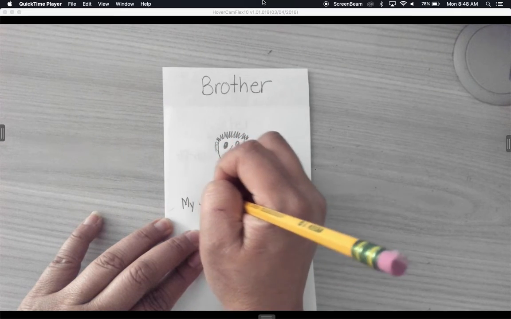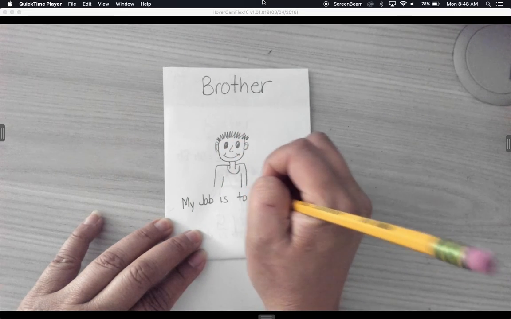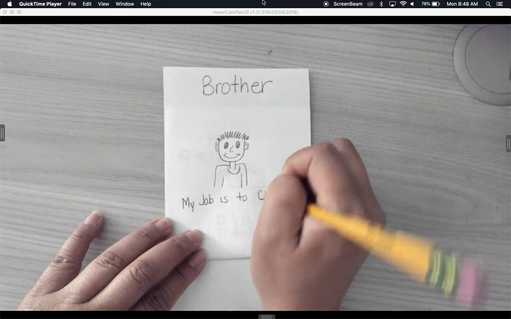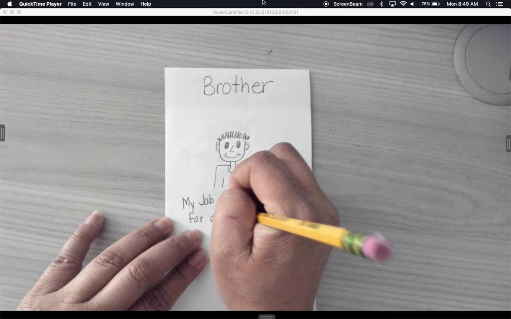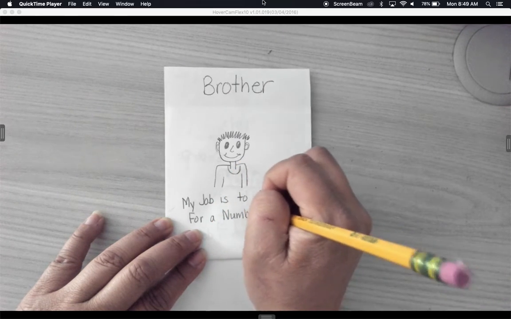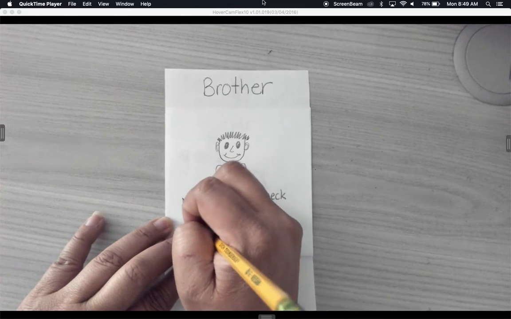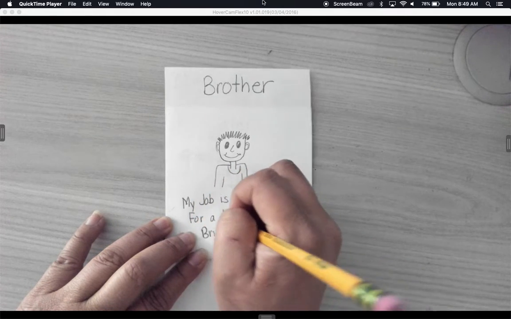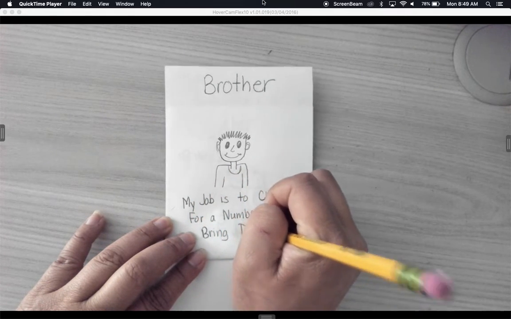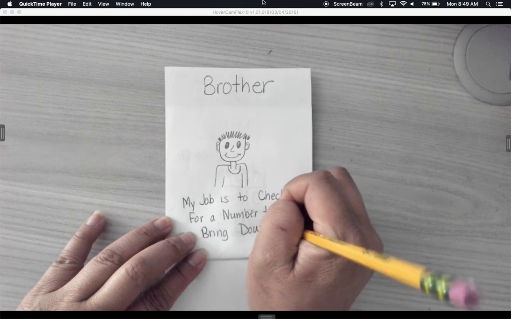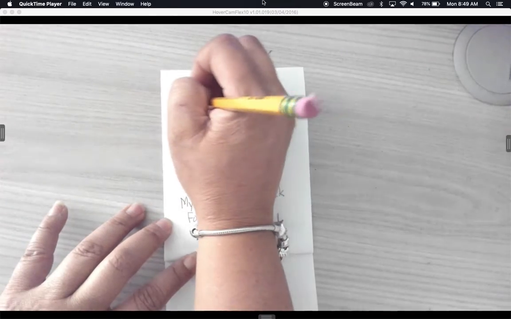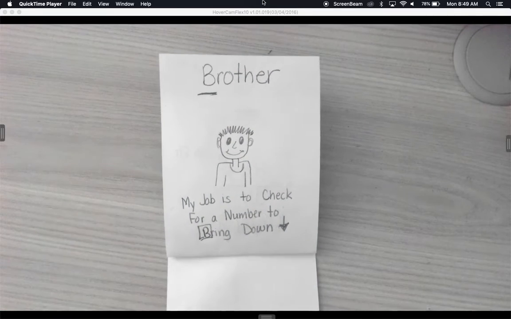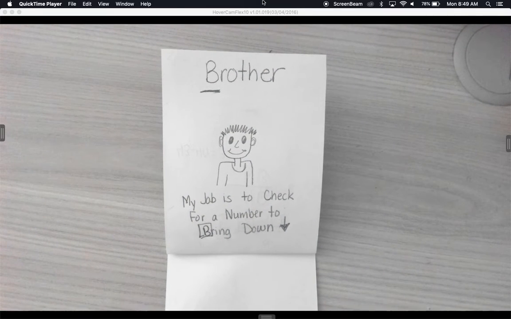So bring down. Brother's job is to bring down. This is step 4.